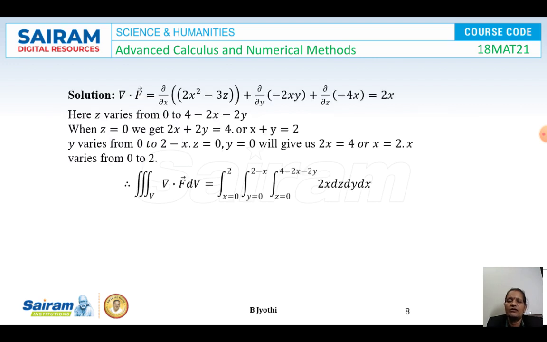Solution. First we will find del dot F. The del dot F is given by dou by dou x of (2x square minus 3z) plus dou by dou y of (minus 2xy) plus dou by dou z of (minus 4x), which is equal to 2x.